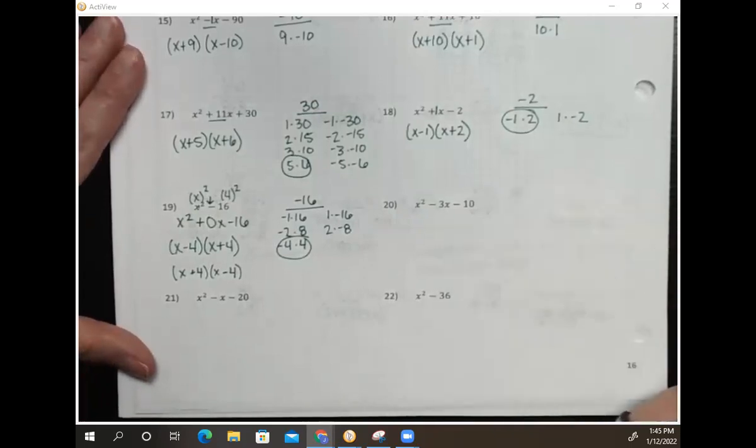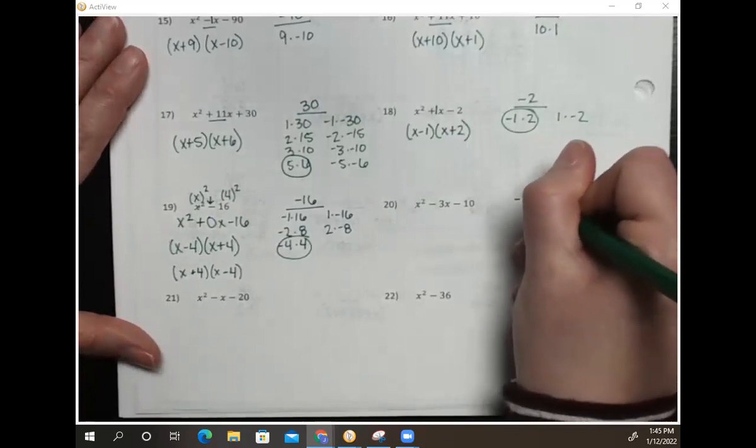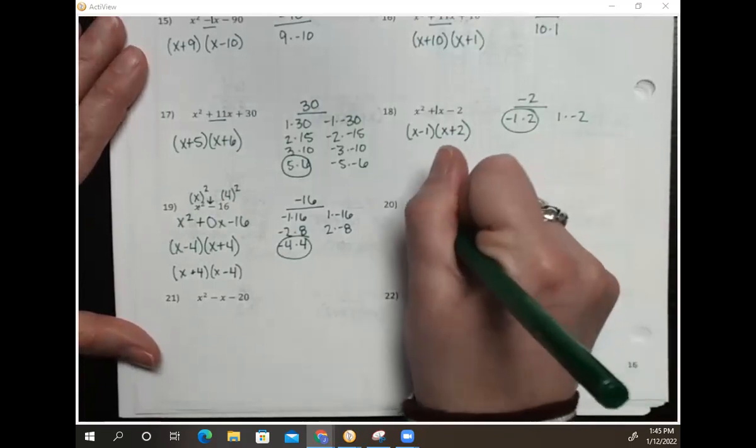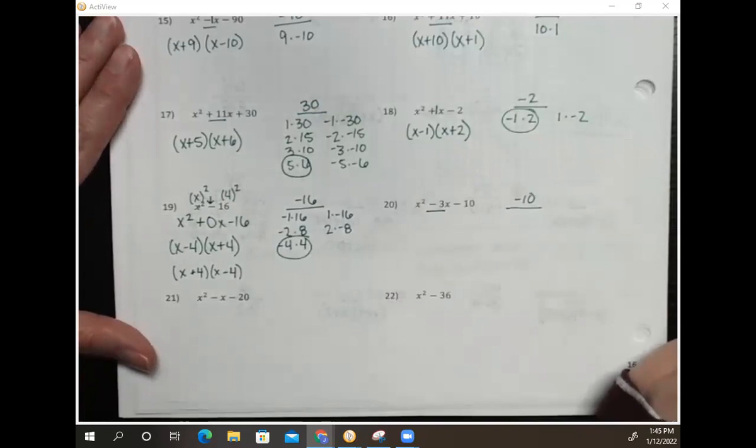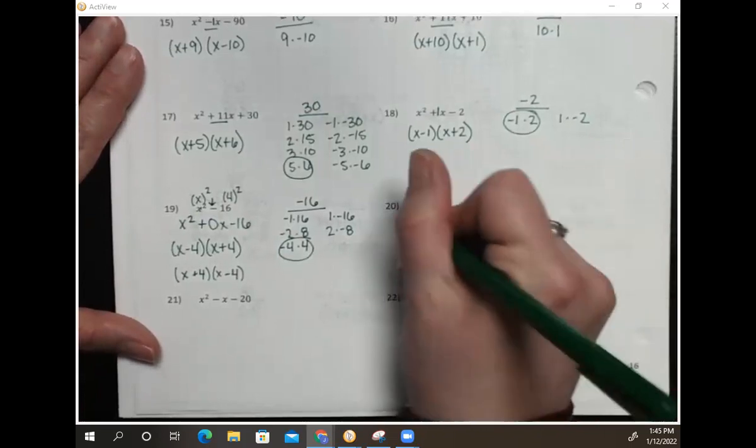Let's take a look at number 20 now. This is back to that format that we've worked with so much for today. I want factors of -10 that add to -3. What numbers do I want? Factors of -10 that add to -3. -5 times +2.